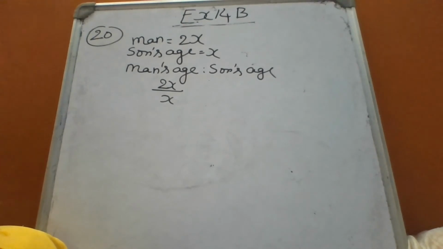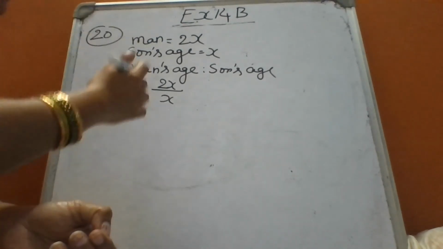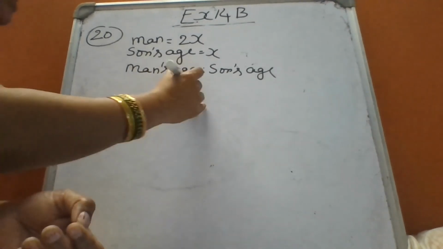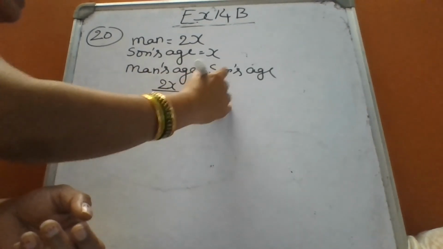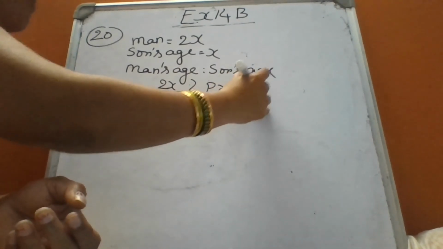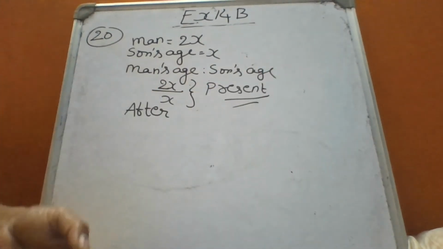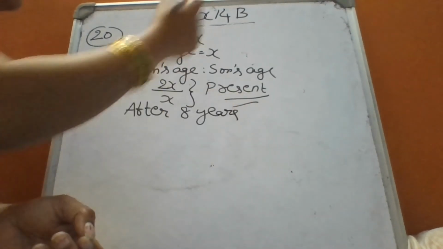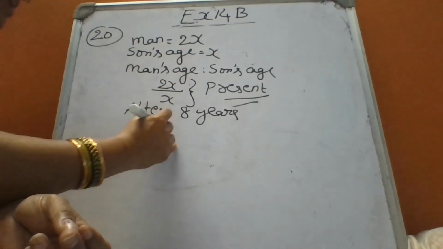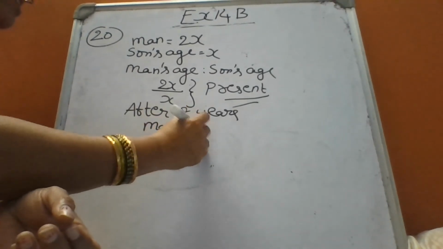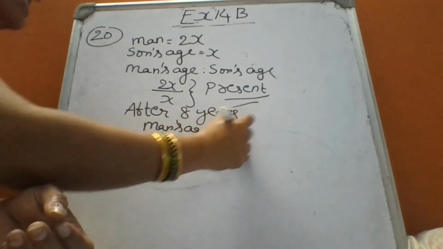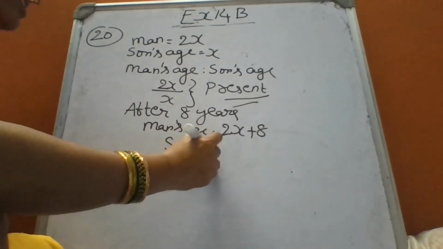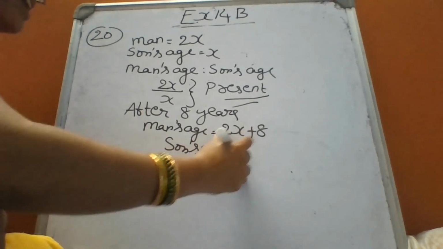Then 8 years hence, that is after 8 years. This is the ratio for the present ages of man and son. Now after 8 years, the man's age will be 2x plus 8 and son's age will be x plus 8.